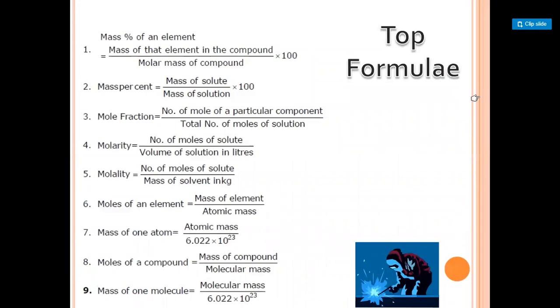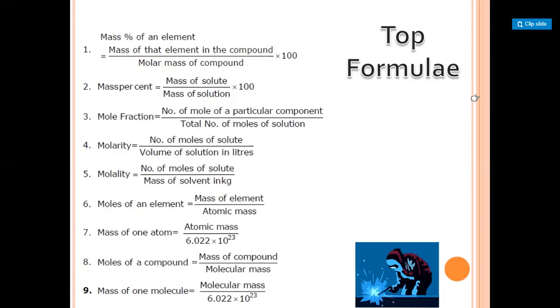Now we have some top formulas which we have to keep in our mind so that we don't face any problem while doing numericals. First one is the mass percent of an element. The formula is mass of the element in the compound upon molar mass of the compound into 100. Second is mass percentage: mass of solute upon mass of solution into 100.